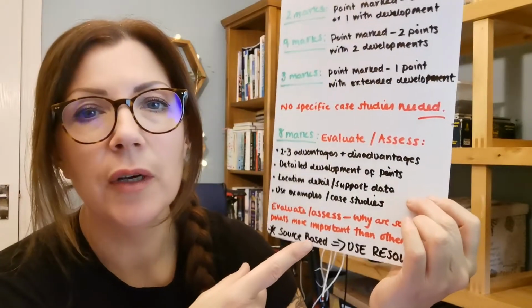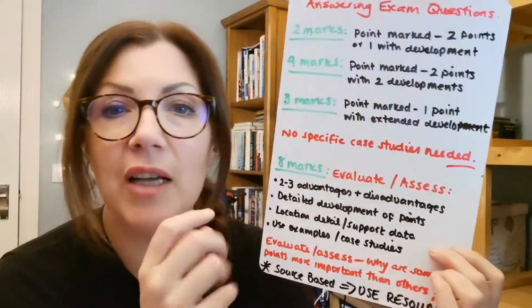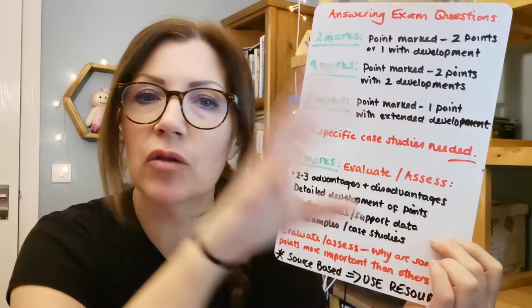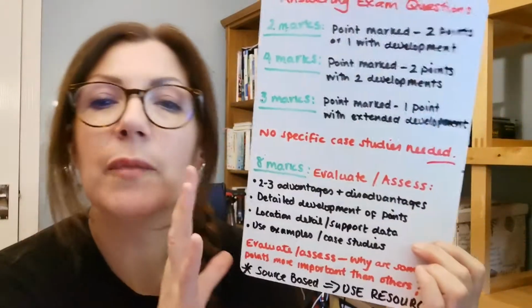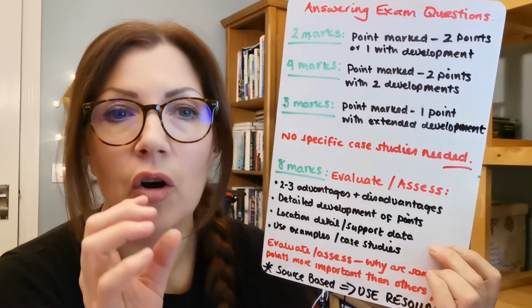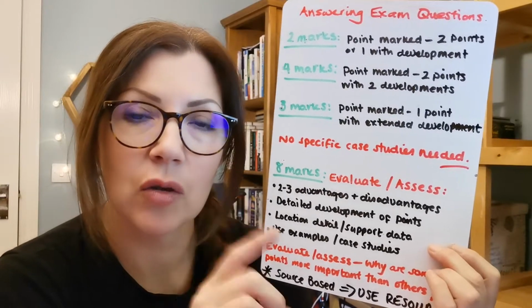But in paper 2, you may well be given a source, usually a map of the UK with some kind of information on either physical geography or human geography. So you must make sure that you use that source, because the mark scheme will be based on your answer having information from that source in it.